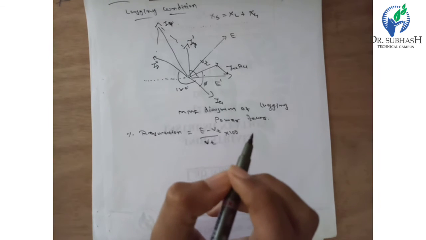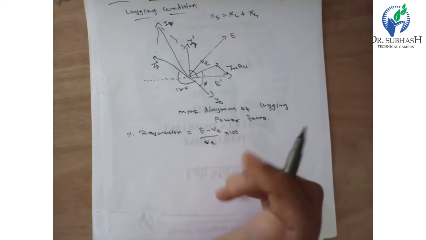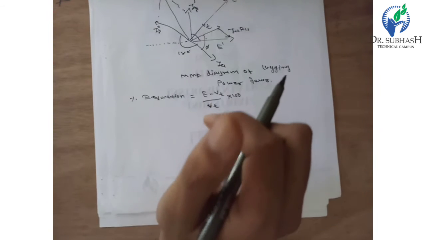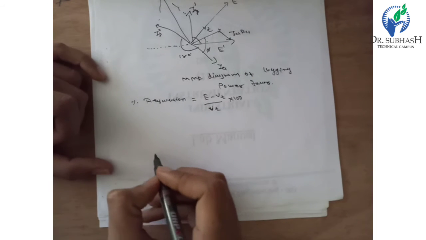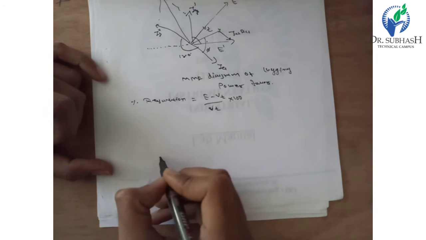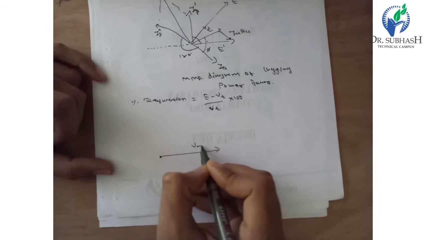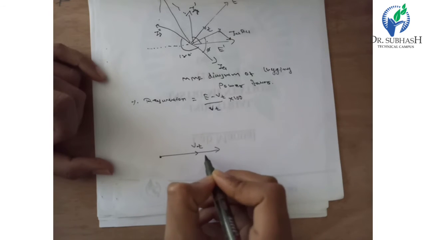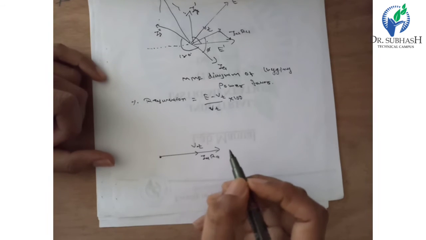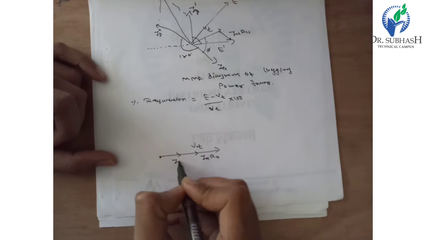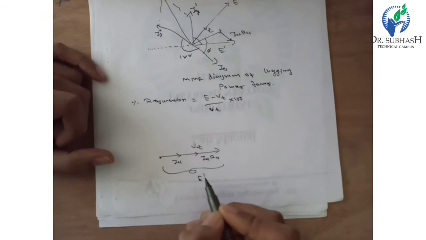In a similar way, the MMF diagram can be developed for unity and leading power factor connection. Now we draw the unity power factor connection. In the unity power factor connection, we start with the terminal voltage Vt. Here is the terminal voltage Vt. The armature current and resistance drop are in the same direction. The total is known as E dash.